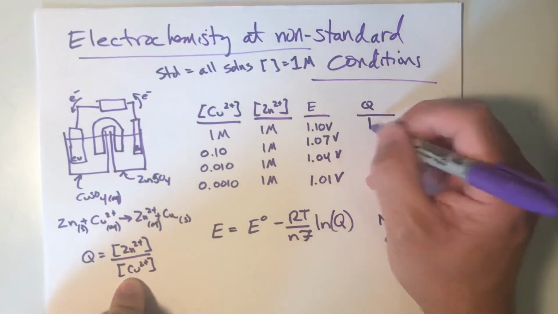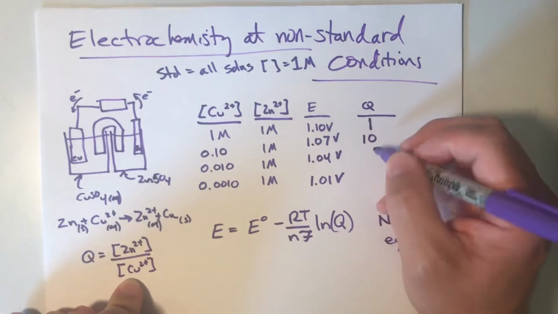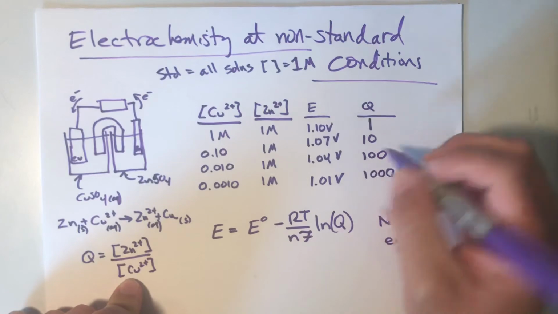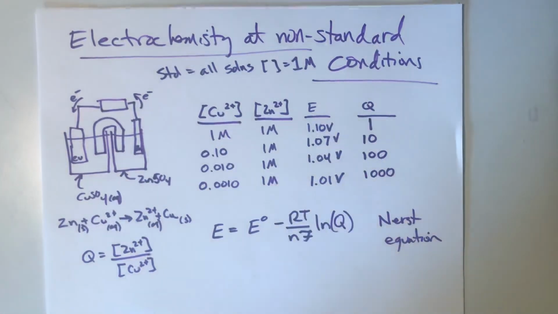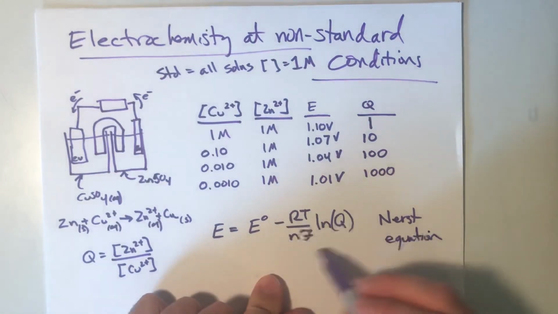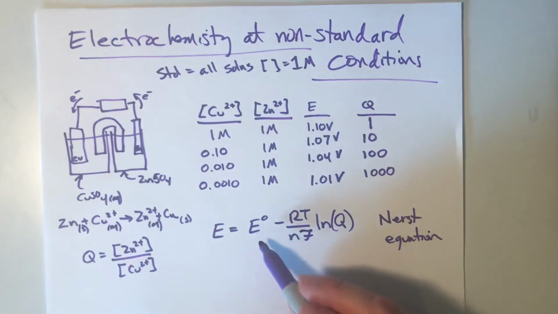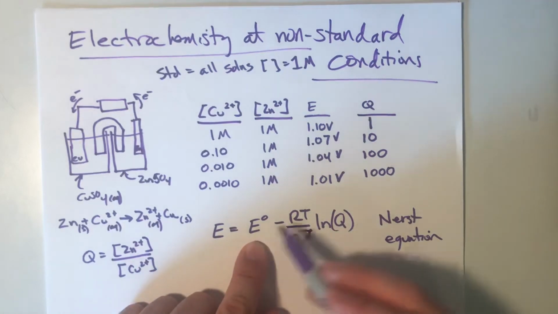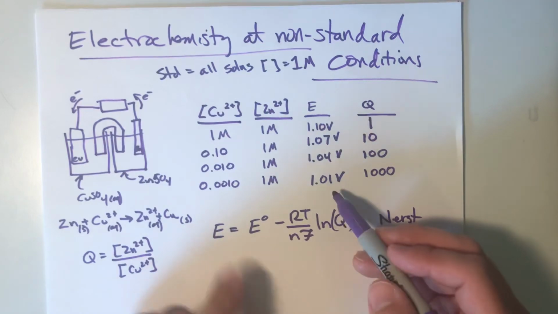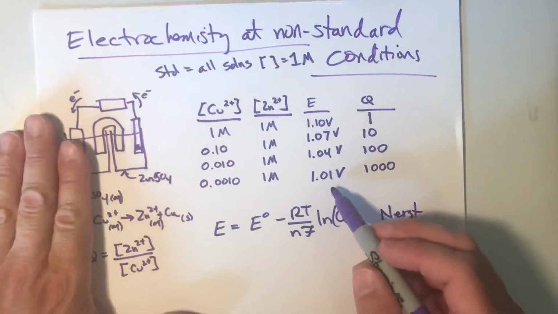So 1 over 1 would be 1. Here we would have 1 over 0.1, that's 10. We'd have 100 for this one and 1,000 for this one, because that's 1 over 0.001. And so each time we're plugging in a larger number here to Q, which makes this negative term get larger and larger. And so a larger number is being subtracted from the E naught value, making the value of E, the non-standard voltage, decrease.